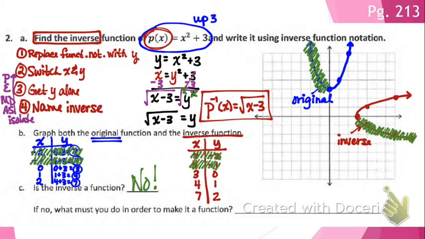That is restricting the domain. Does this red one pass the vertical line test now? Now it's a function.